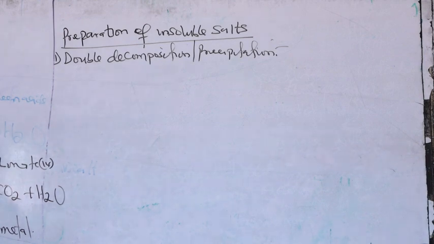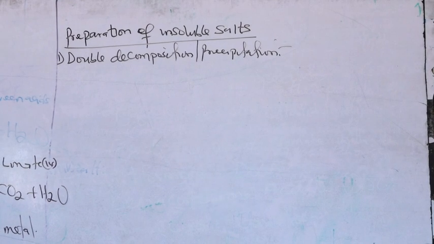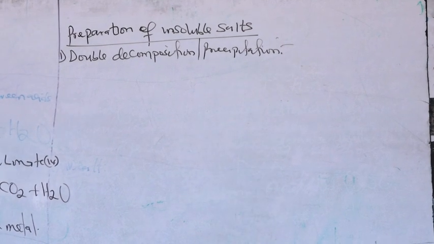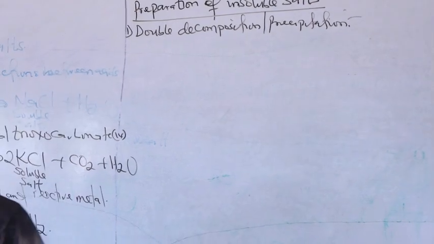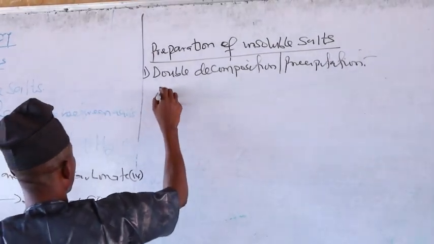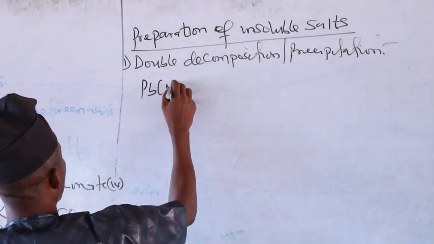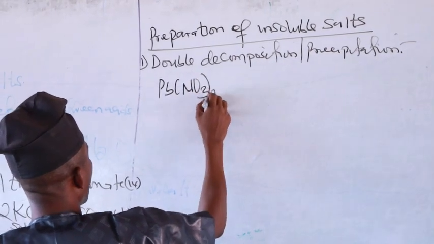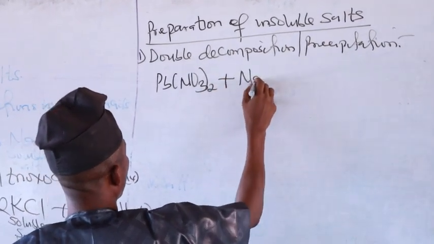We know we have said all chlorides are soluble in water, with the exception of chloride of silver, lead, mercury, and copper. Now let's look at the reaction between lead trioxonitrate V and sodium chloride.